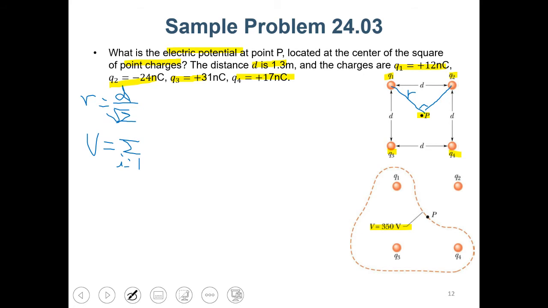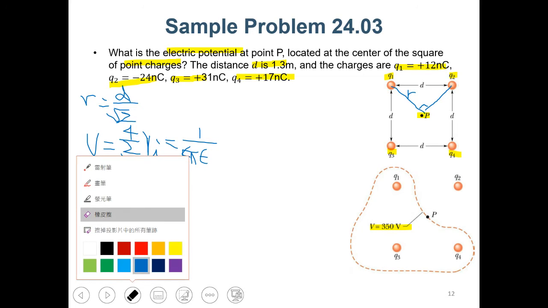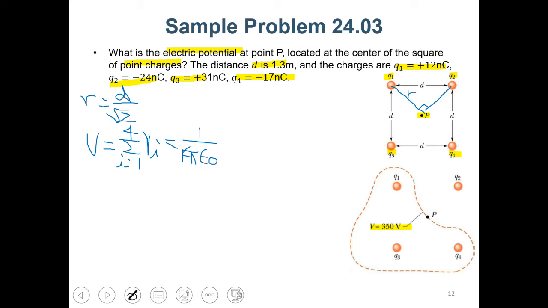So V should be the summation, i equals 1 to 4, of Vi, which will be 1 over 4 pi epsilon naught, times Q1 over R, where R is d over square root of 2, and so on for each charge.